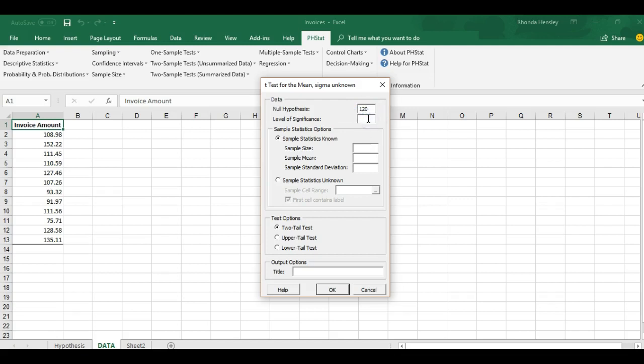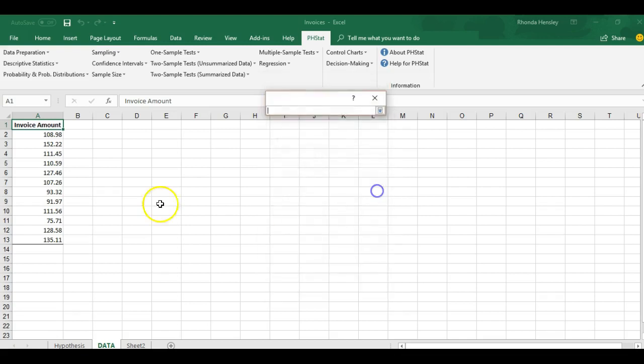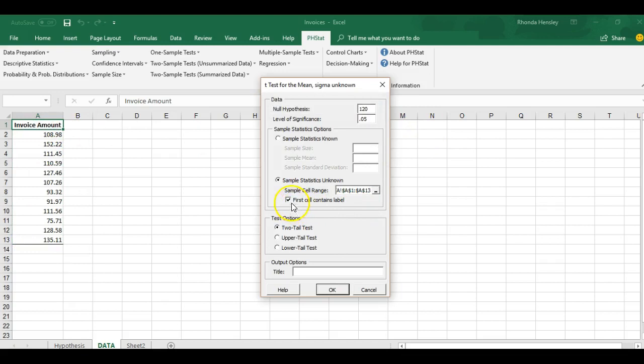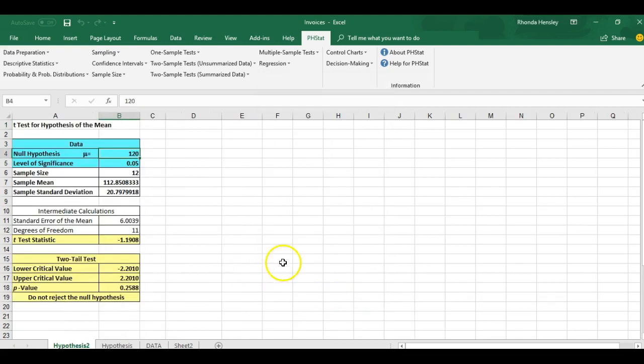Our level of significance was 5%, and we are going to use sample statistics unknown, and select the range of cells. It's only 12, plus I did select invoice amount at the top, so make sure First cell contains label is checked off. And this is a two-tailed test.